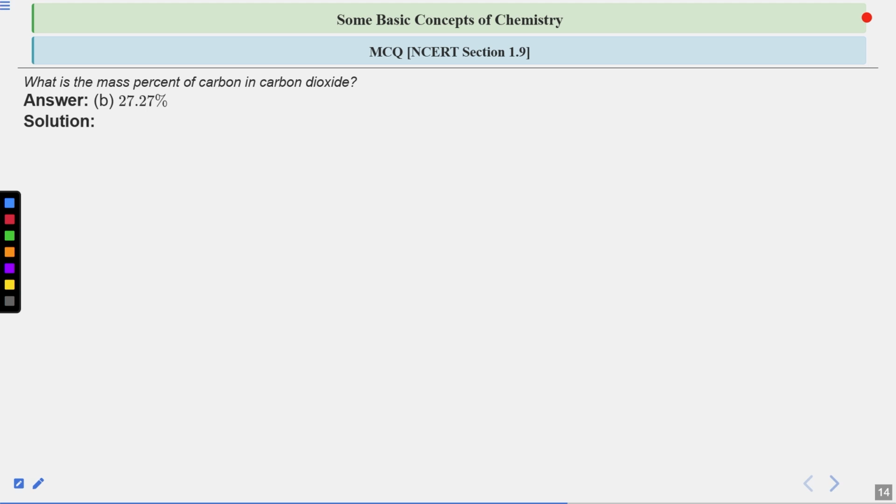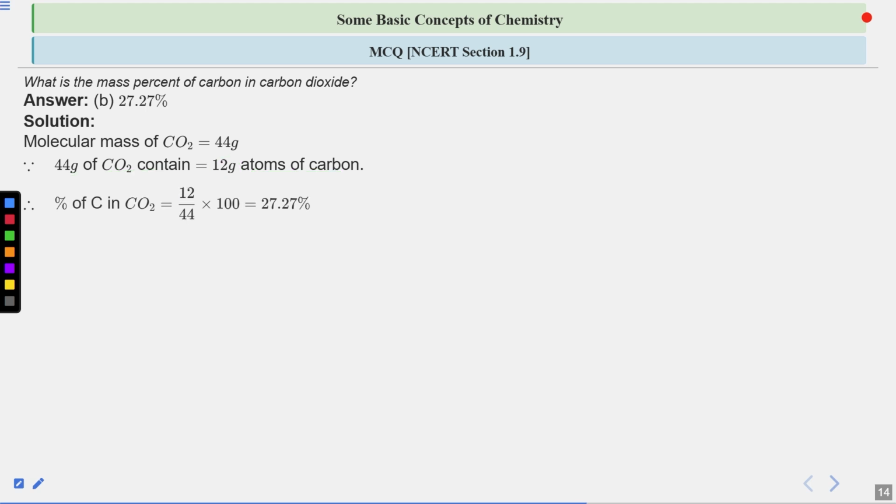How do we calculate it? First of all, the molecular mass of carbon dioxide is 44 grams. Now, to calculate the carbon percentage, we must know that in 44 grams of carbon dioxide, we have 12 grams of carbon atoms. Then the percentage of carbon will be the mass of carbon in 1 mole of carbon dioxide, which is 12, divided by the total mass of 1 mole of carbon dioxide.